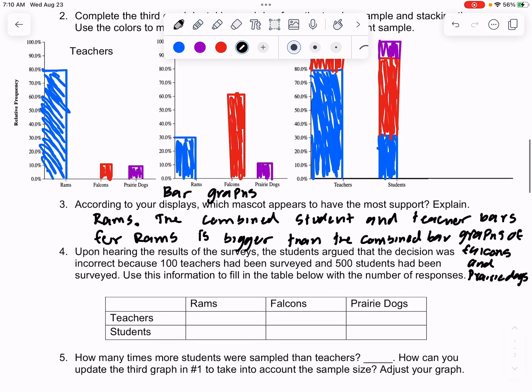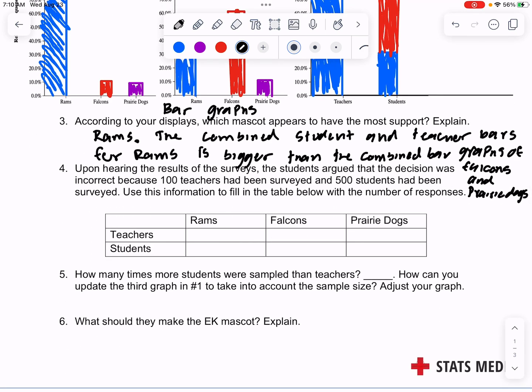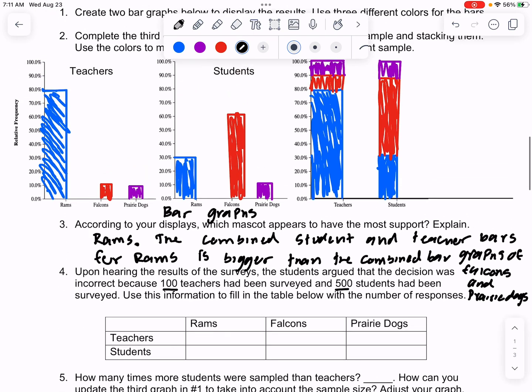But there was a little bit of an issue because upon hearing the results of the surveys, the students argued that the decision was incorrect because 100 teachers had been surveyed, but 500 students had been surveyed. So let's actually use this information to figure out, instead of the percentages, the counts or the number of responses for each.